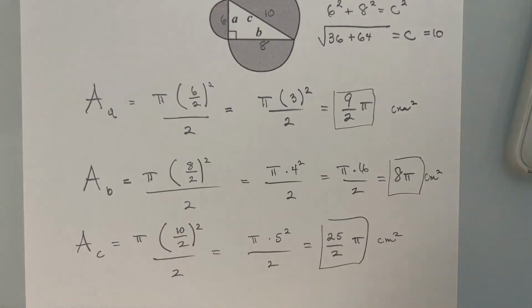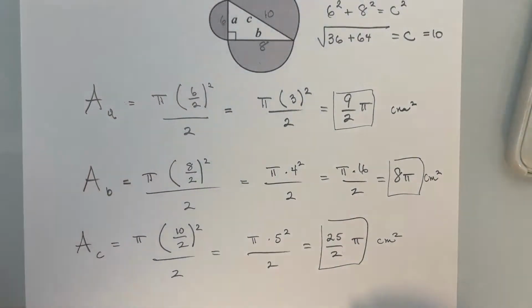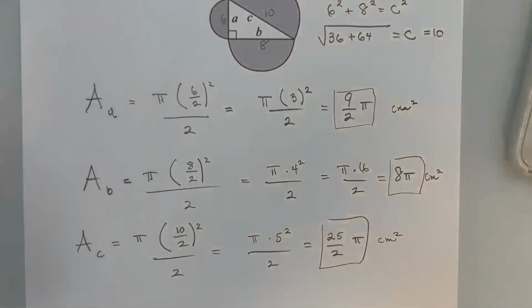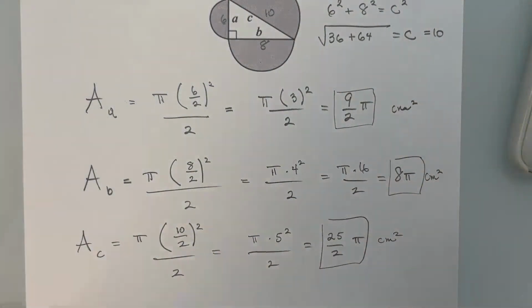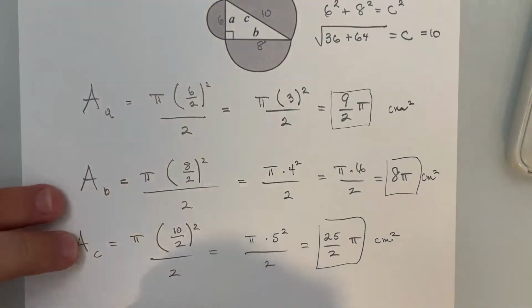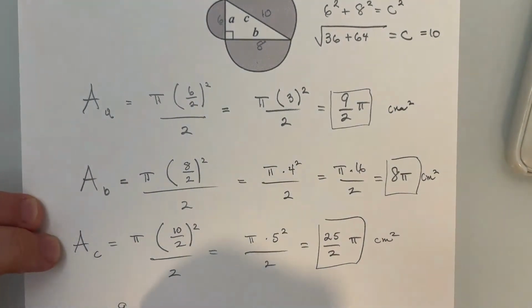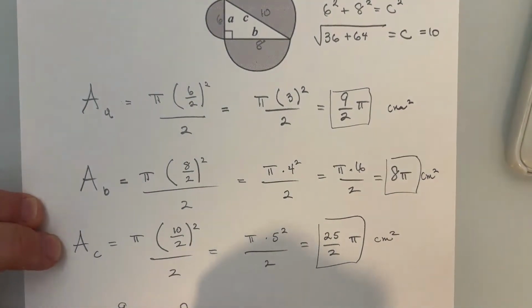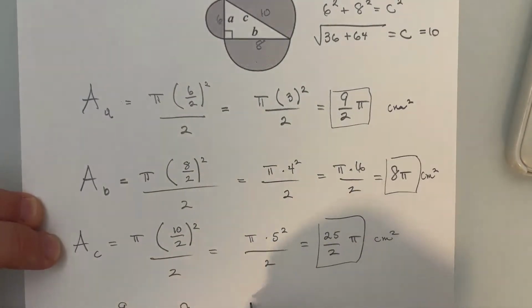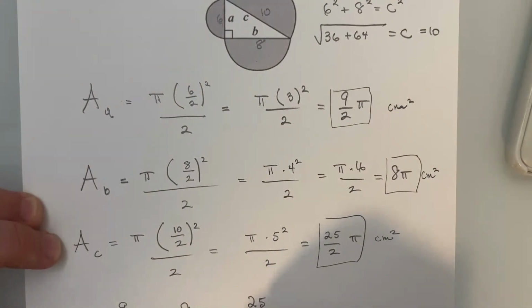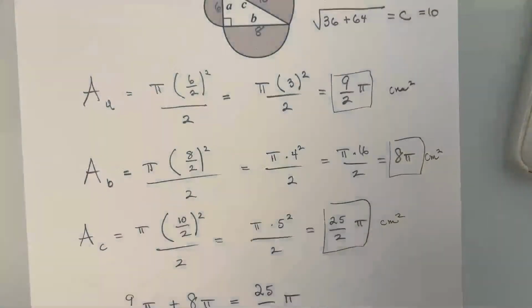So if I add them up, if I try to treat them as related to the Pythagorean theorem, if I just assume that, then we can see that 9 halves pi plus 8 pi, if you type that into our calculator, this literally is 25 halves pi.